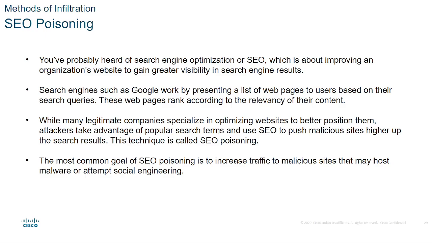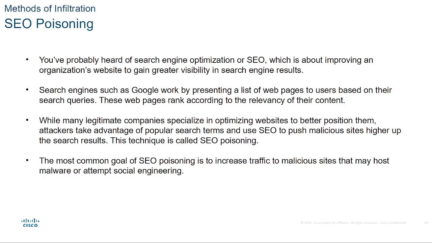Search engines such as Google work by presenting a list of web pages based on the user's search queries. These web pages are ranked according to the relevance of their content. While many legitimate companies specialize in optimizing websites for better position, attackers take advantage of popular search terms and use SEO to push malicious sites up the search results.